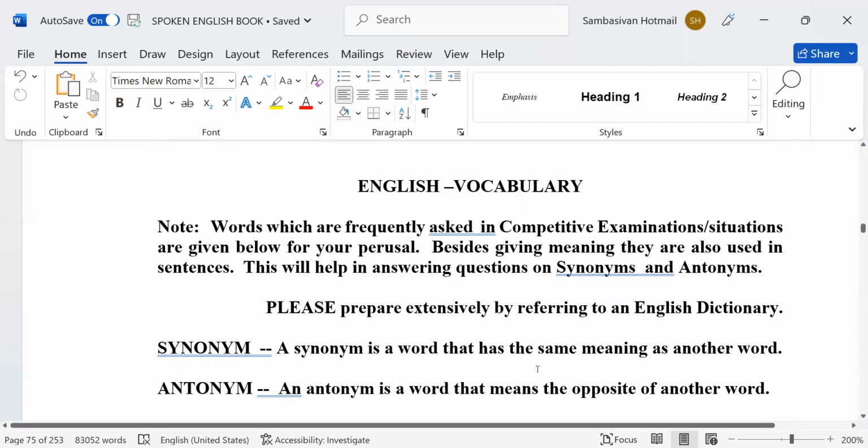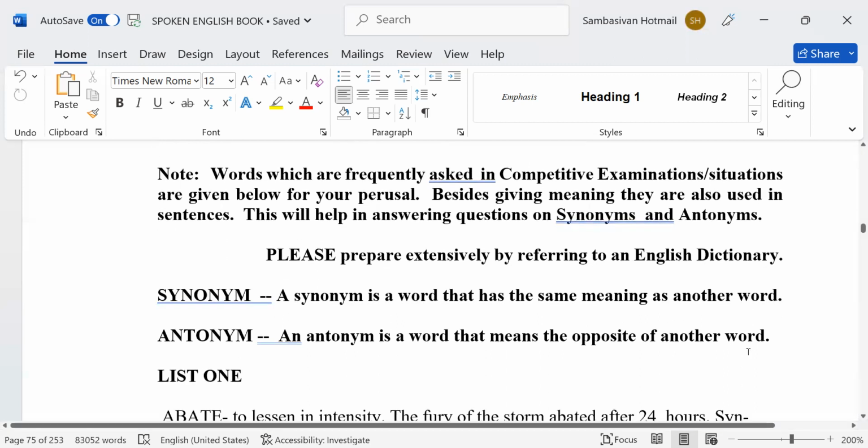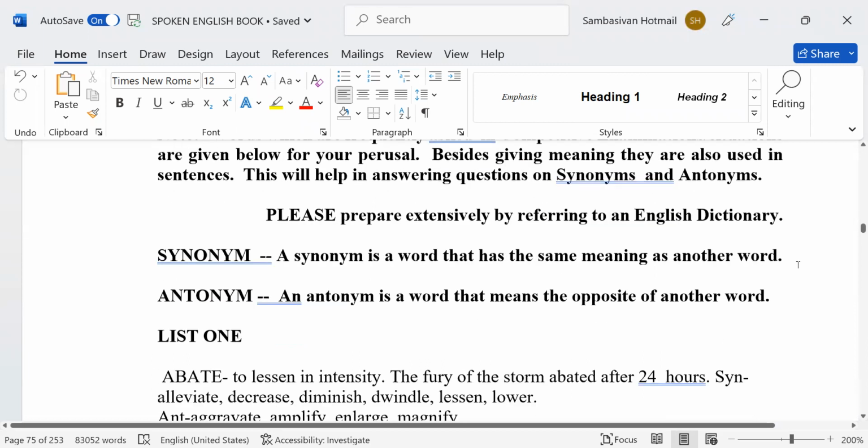Perusal means देखने के लिए. Besides giving meaning, they are also used in sentences. This will help in answering questions on synonyms and antonyms. Please prepare extensively by referring to an English dictionary.